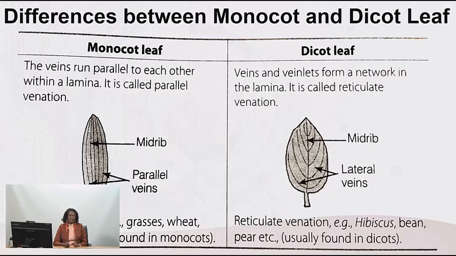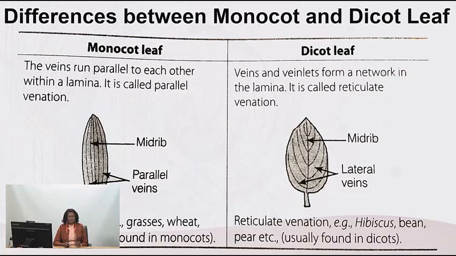So let's do a recap of the differences between the monocot leaf and the dicot leaf. The veins of the monocot leaf run parallel, remember, to each other within the lamina. They are called parallel venation.